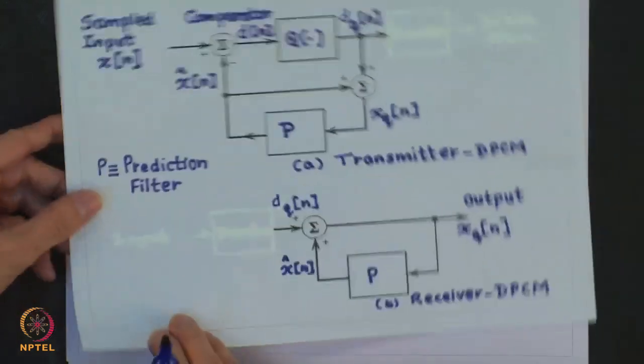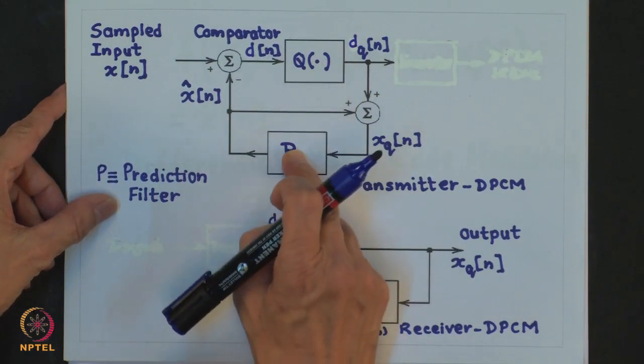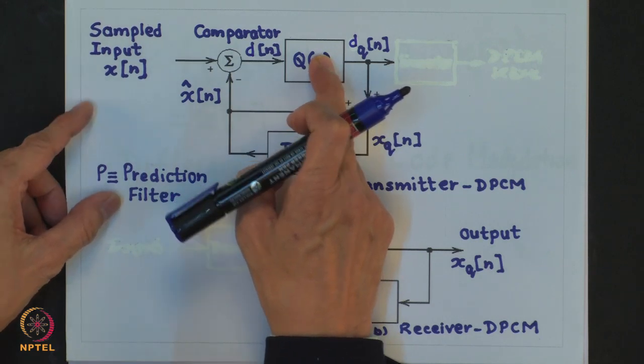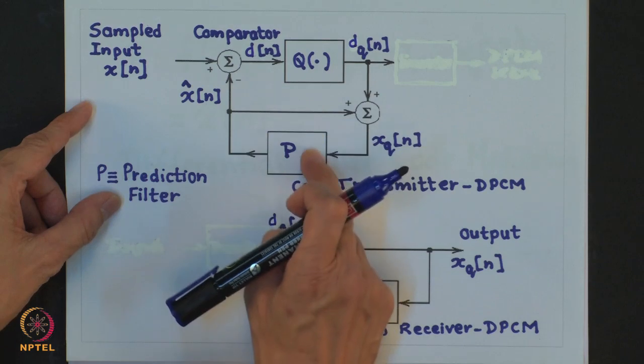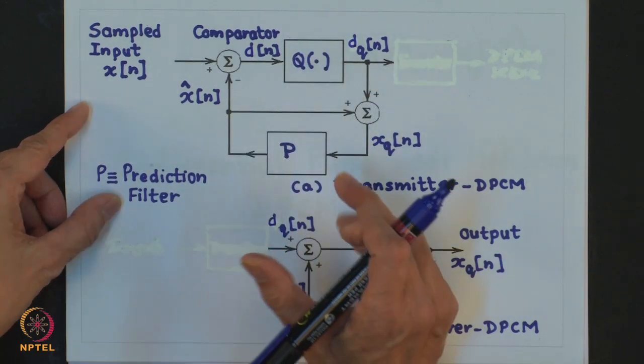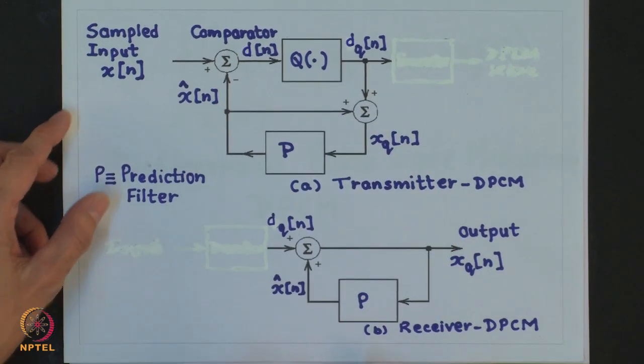So, this DPCM consists of two blocks, one is the predictor block and the other is the quantizer block. We will study the predictor block and the quantizer block design and see how they function in a differential encoding system, and that we will do next time.